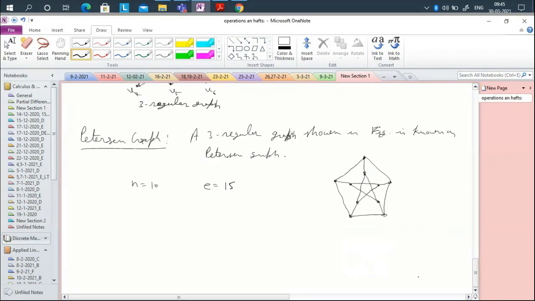Now we move to another type of graph, called the cycle graph, path graph and wheel.